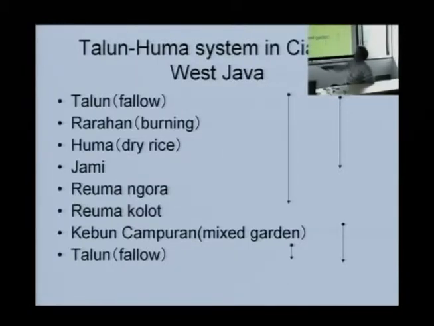garden. In the Kebun Campuran, so many kinds of useful plants grow, such as pineapple or jackfruit or banana or clove or coffee. So many kinds of plants are mixed in the Kebun Campuran, and the Kebun Campuran has more perennial trees. And finally, Tarun, fallow.